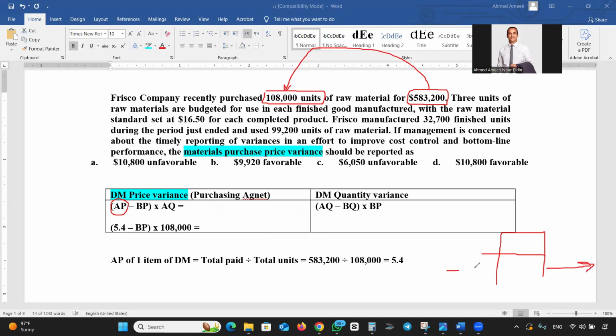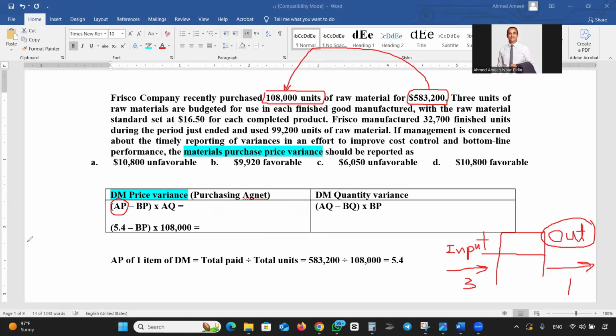Output production is equal to 1 unit, for example. In order to manufacture 1 unit of output, we need to input 3 units of direct material. This is the sentence written above.